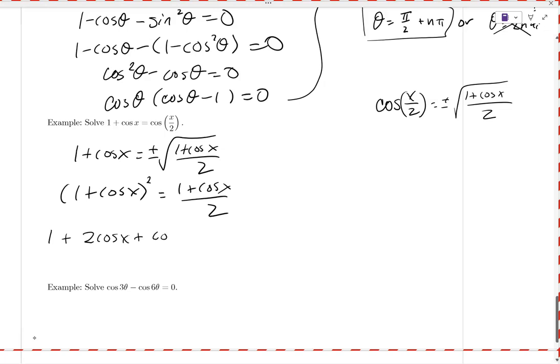Oops, that'll probably help us out a little bit. I did not do myself any favors with this particular problem so far. So when you multiply out the left-hand side, you'll get 1 plus 2 cosine x plus cosine squared x.